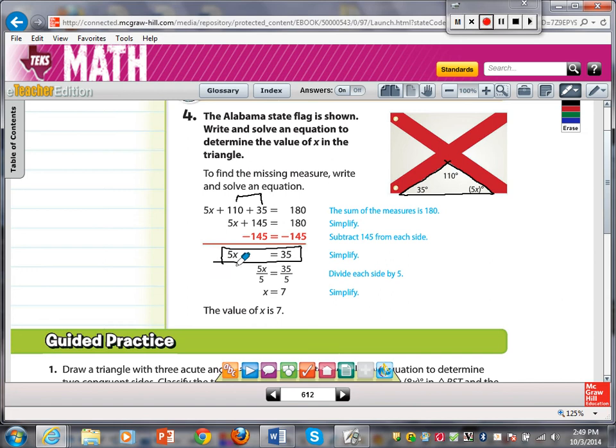Now we divide by 5, cancels, that means x equals 7. Okay? Now if we really wanted to find how many degrees this is, you just substitute the 7 in for x. 5x, 5 times 7, that would equal 35 degrees. So that means that this angle equals 35 degrees.